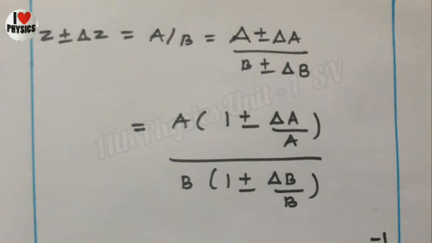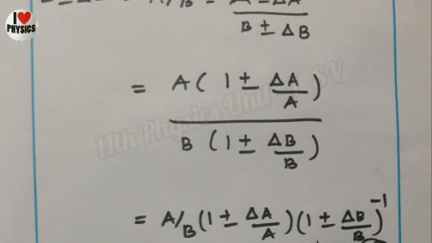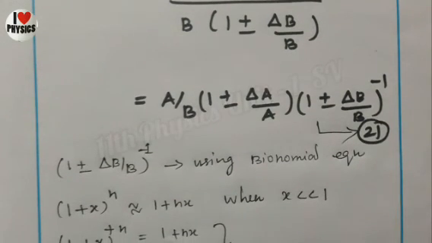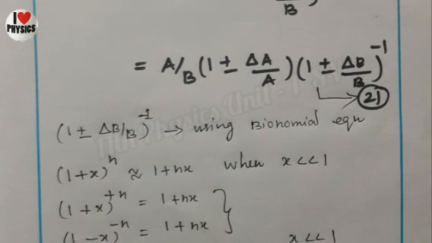So we get Z plus or minus del Z equal to A plus or minus del A divided by B plus or minus del B. A is commonly taken out of the numerator terms, so A into bracket 1 plus or minus del A divided by A, and whole divided by B is commonly taken out of the denominator, so B into 1 plus or minus del B divided by B. Then the 1 plus or minus del B divided by B term is moved to the numerator, so its power is minus 1.